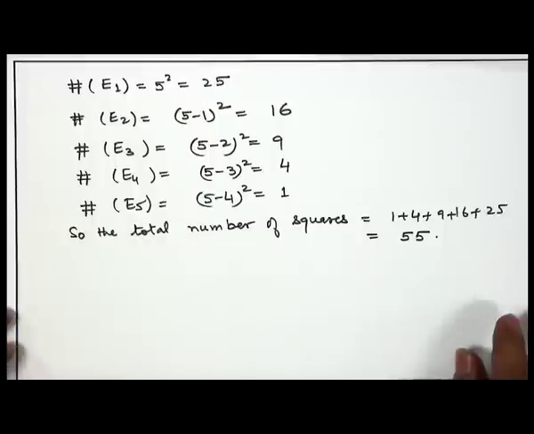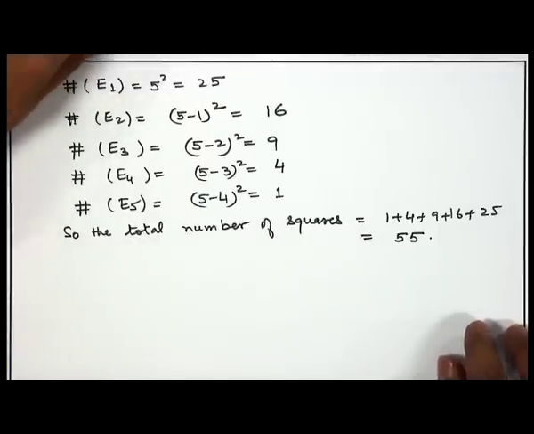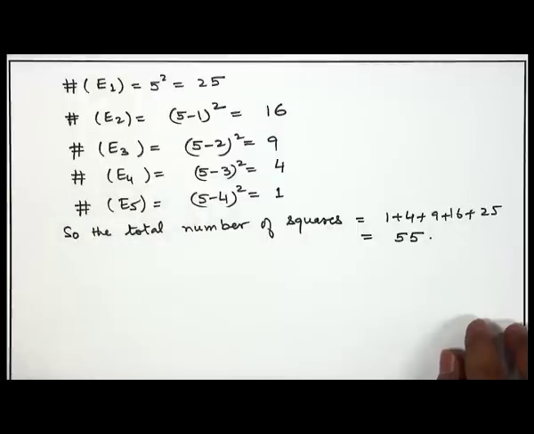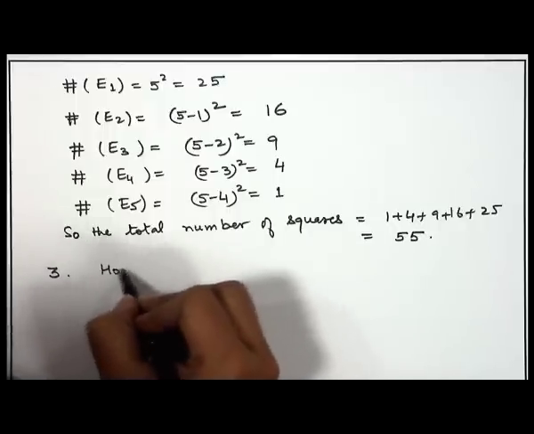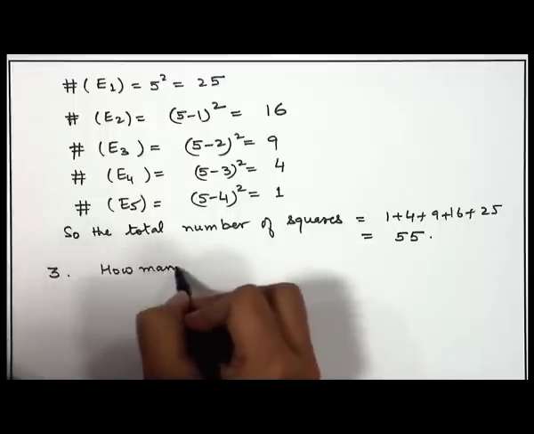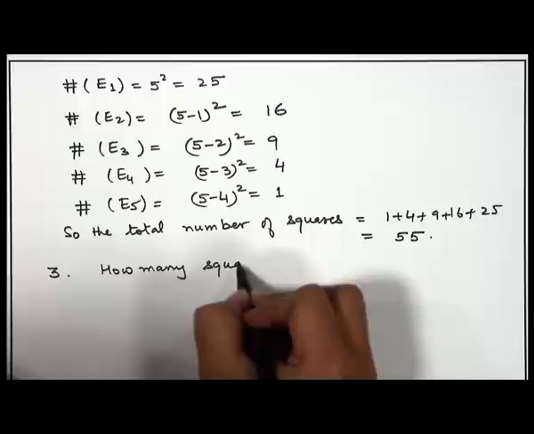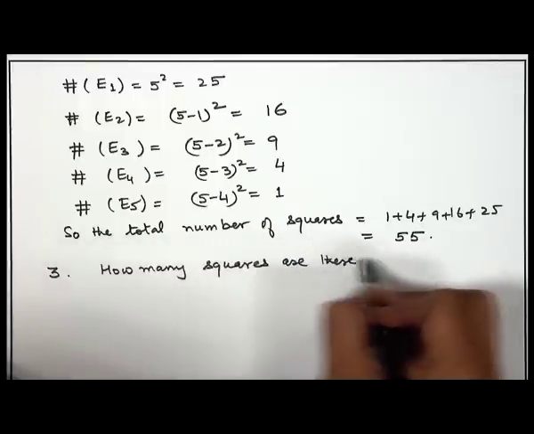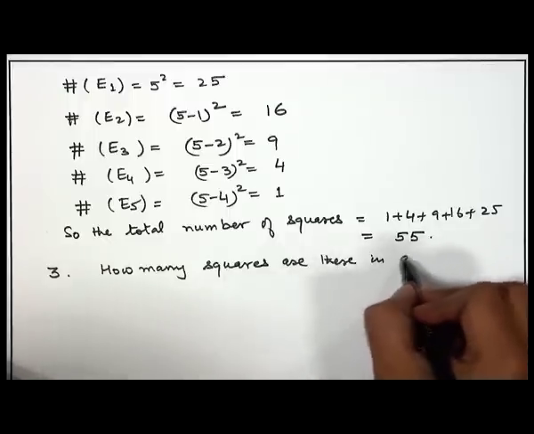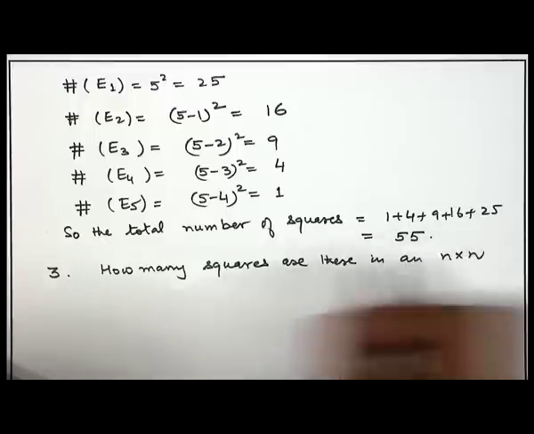Let us generalize this. Like in a chessboard you have 8 by 8 squares. So, in general if I consider an n by n array, then how many such square cells will be there? How many squares are there in an n by n array?